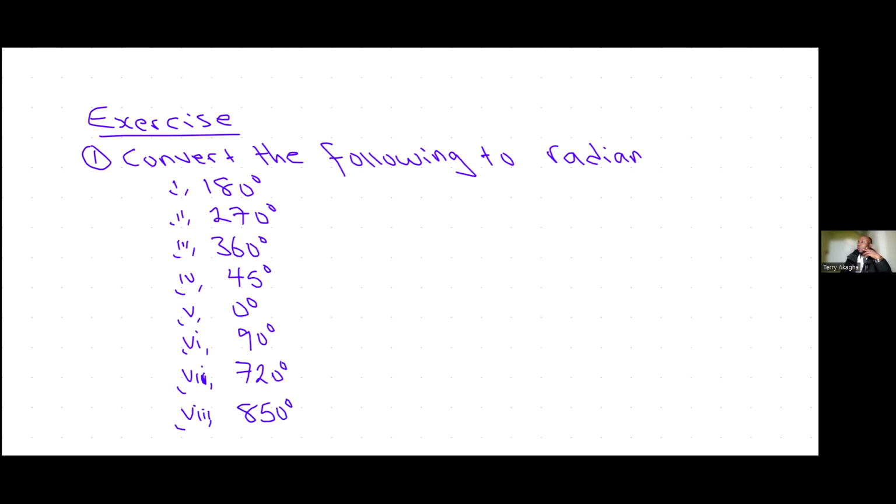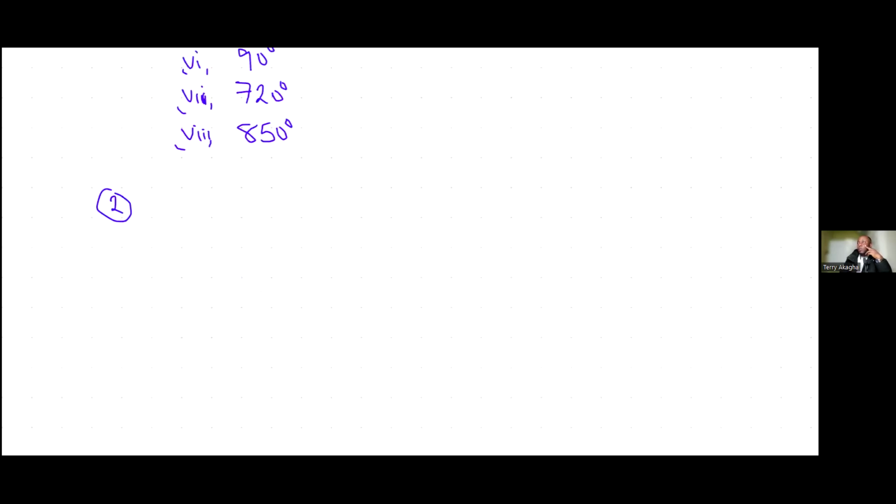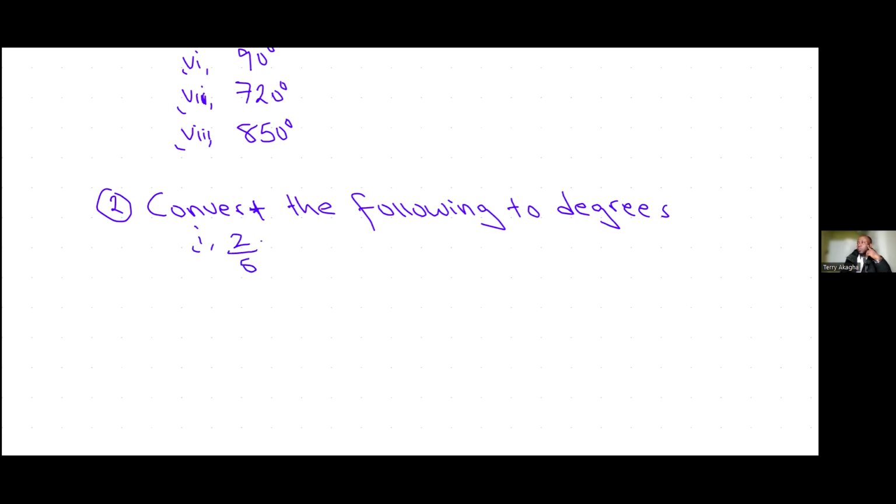Now, for the other set, I want you to convert the following to degrees. Number 1, 2 over 5 pi radian.